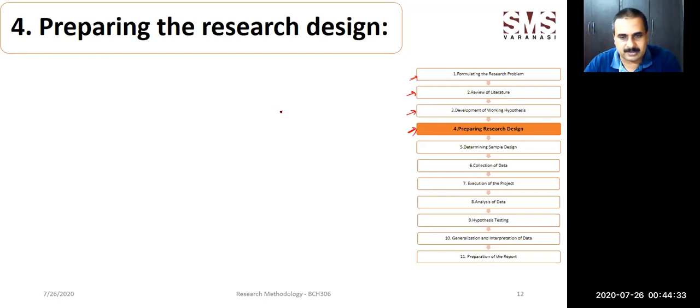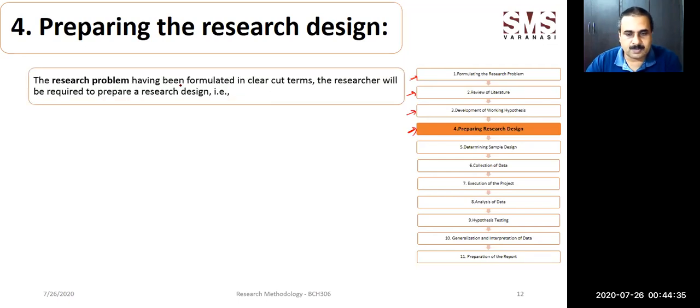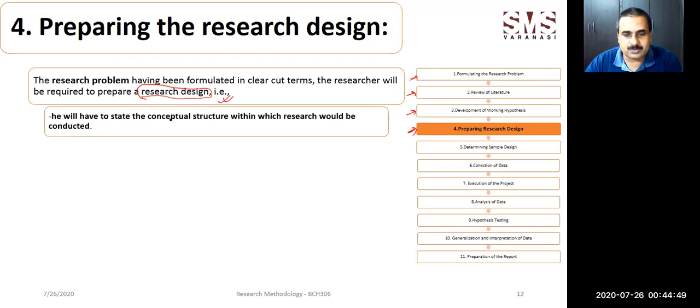So let's move ahead. Research problem has been formulated in clear-cut terms. The researcher will be required to prepare the research design. As the problem has already been identified, now the researcher is expected to devise his research design. He will have to state the conceptual structure within which research would be conducted.